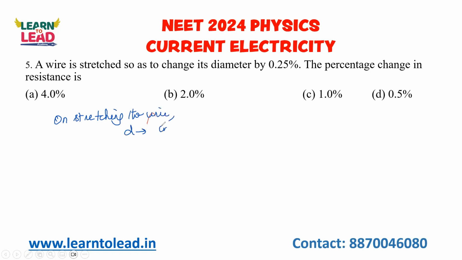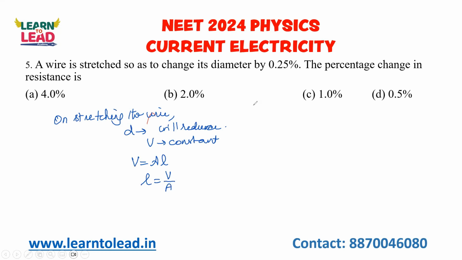The diameter of the wire will reduce, but the volume V will remain constant. So, the volume of the wire is equal to area into length. So, length is equal to V by A.